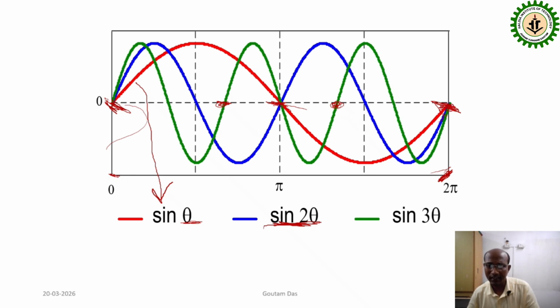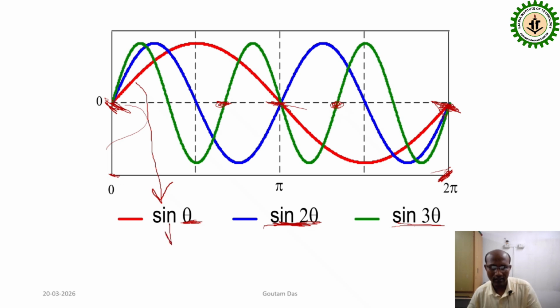So within the same time zone it completes 3 cycles. Its time period is one third of the red one, so its frequency will be 3 times that of the red one. If we consider theta as the first case, the green waveform has 3 times the frequency, so it is represented as sin 3 theta.